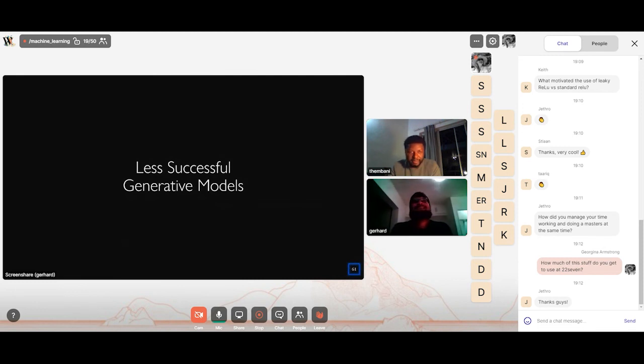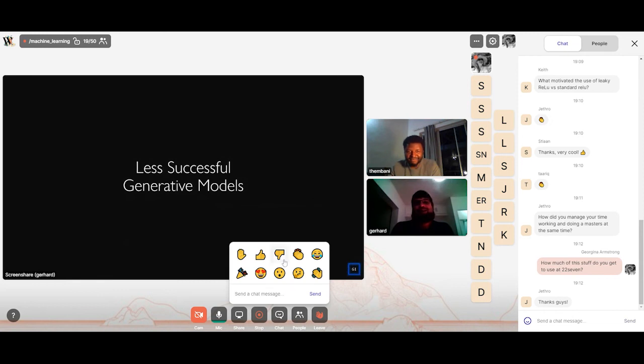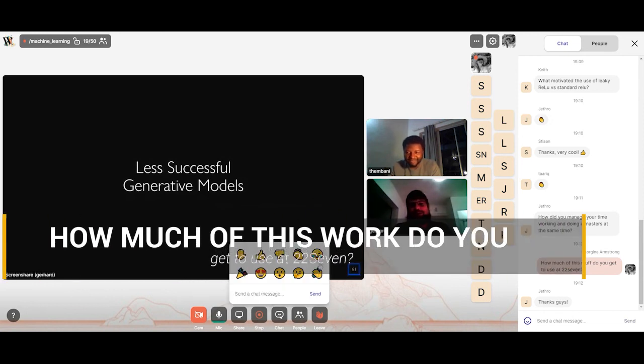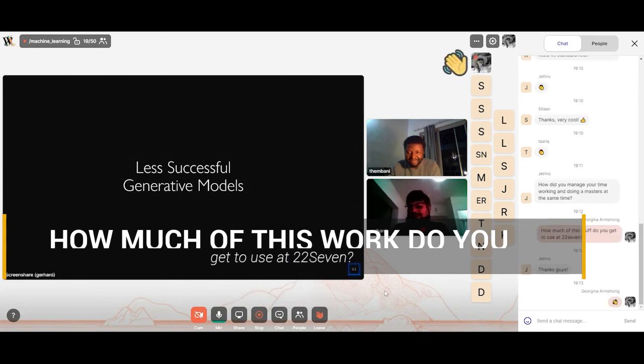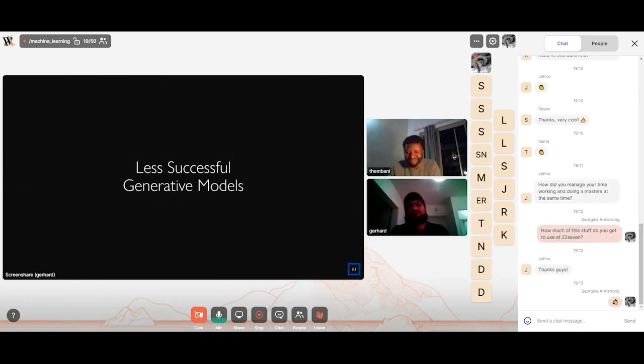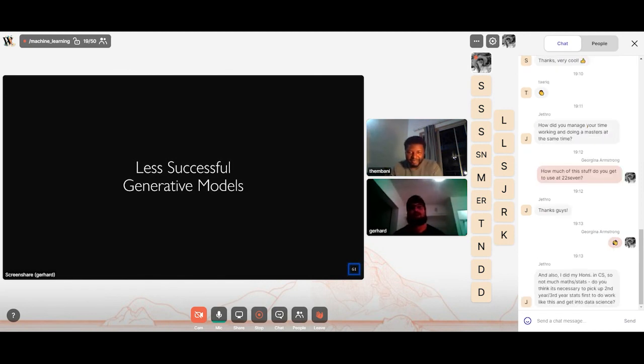We're getting another question from Georgina, and she's asking, how much of this kind of work do you get to use at 22/7? Georgina also works at 22/7, so she's one of the foundations for the data space there. Not a lot there. But you might be interested to know that we've put machine learning into production for the first time in 22/7's history.